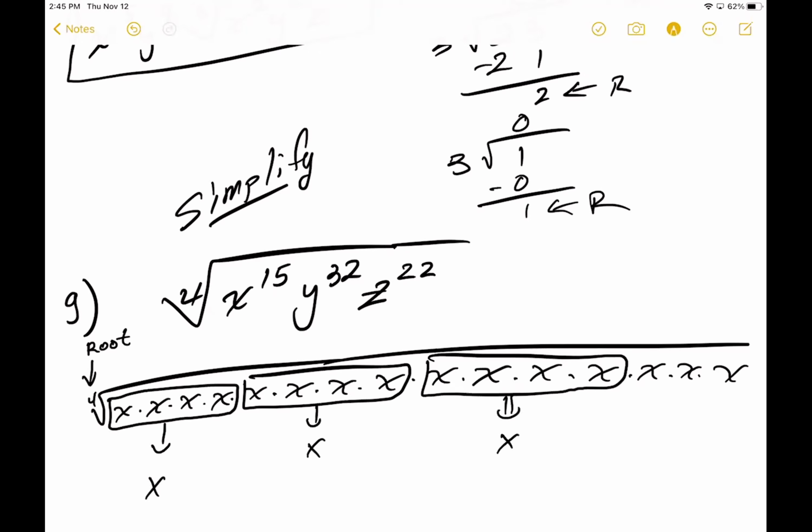Meaning how many x can I bring to the outside? I can bring out 3 of them. I cannot bring any of this out because I only have 3. I don't have 4. Everybody see that the elementary breakdown of this item is that the root tells you in order for you to take one of them out, you need this many. That's the elementary idea of this root, right?